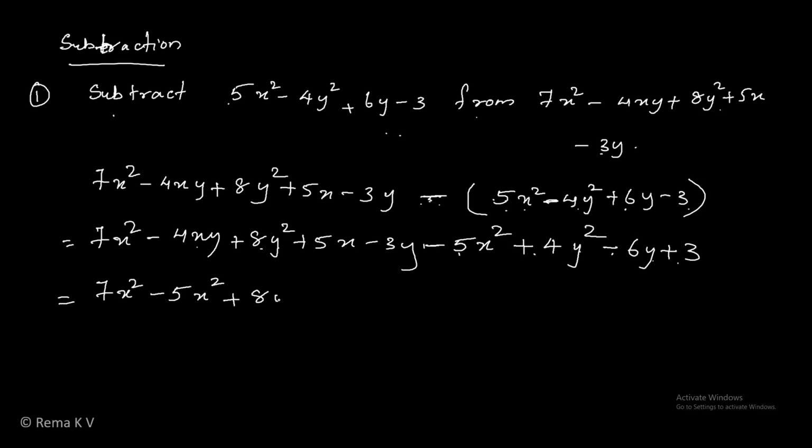So plus 8y square plus 4y square. Then the next terms we can group are minus 3y minus 6y. Then the remaining terms are minus 4xy, plus 5x, plus 3. Okay, grouping the like terms: 7x square minus 5x square plus 8y square plus 4y square minus 3y minus 6y, then minus 4xy plus 5x plus 3.